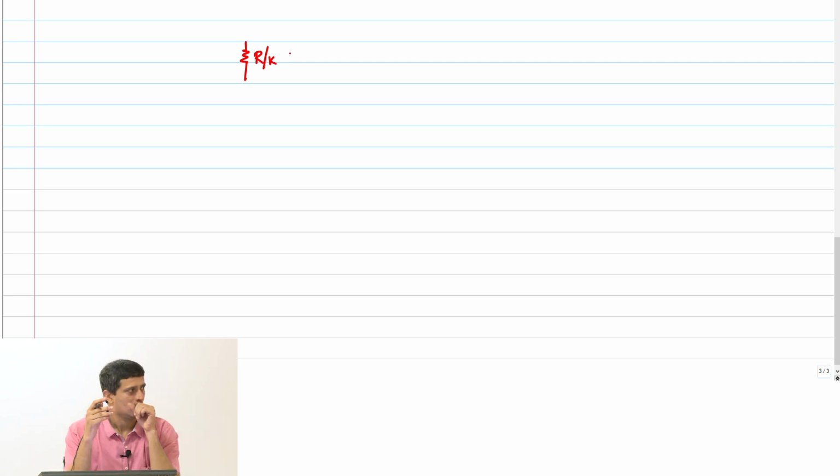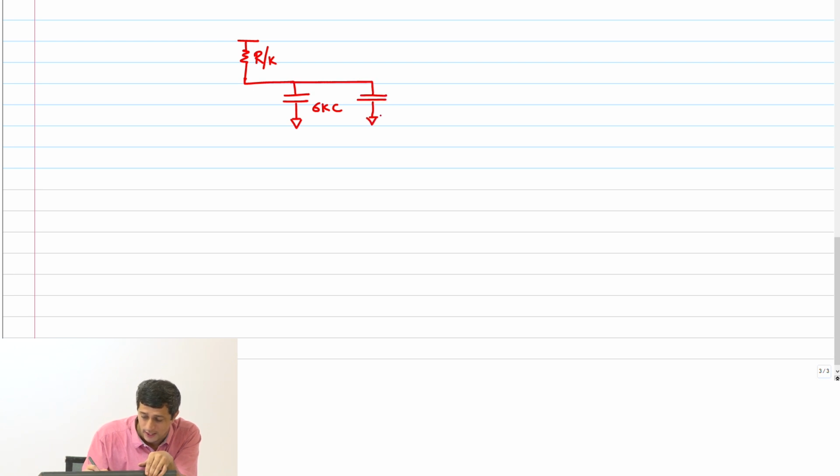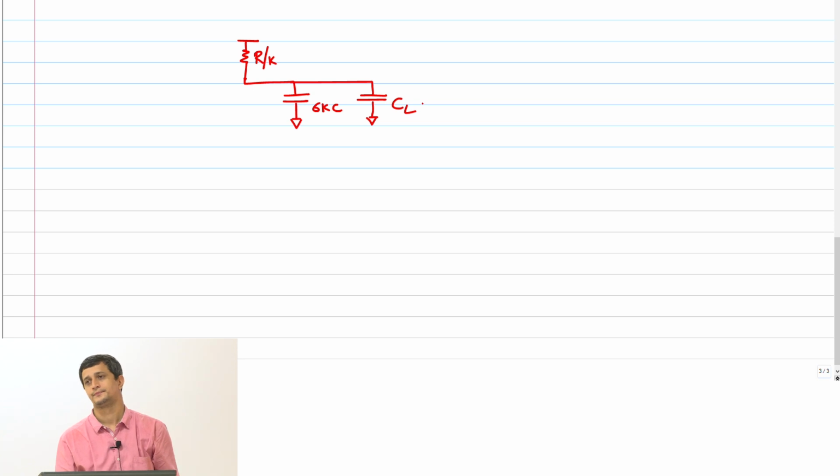Right? Therefore, the equivalent circuit will now become R by k, right? I have made the transistor bigger, resistance will drop, right? What is this parasitic capacitance? 6kC, but the load capacitance now remains the same, right?